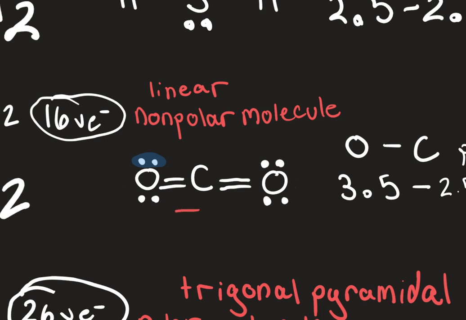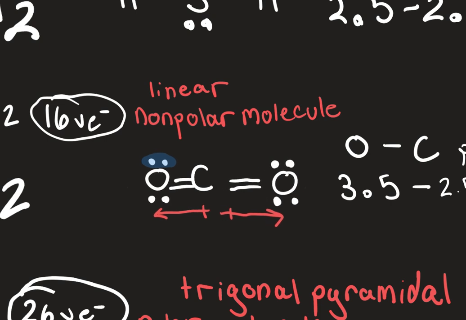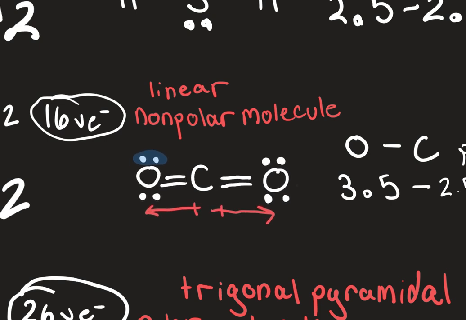So if I were to draw the dipole moments, these arrows, pretend they're exactly the same length. If I were to shift these arrows on top of each other, they would cancel each other out, okay? So that's why we get nonpolar molecules. So we can have polar bonds, but a nonpolar molecule. And then the bond angle is 180 degrees.